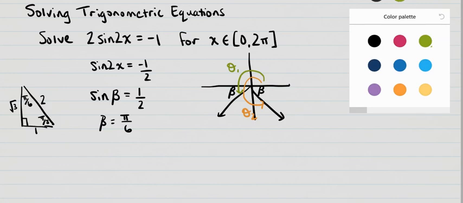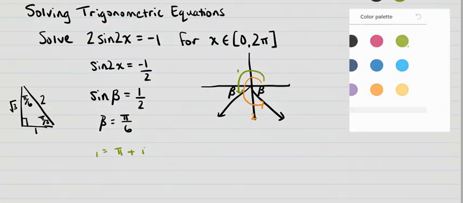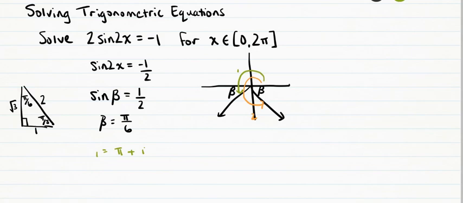Looking at our diagram, that would give us that theta 1 is equal to pi plus pi over 6. Actually, hold on. I'm going to go back for a moment because we don't actually have thetas here. We have x's. So let's change these to x1 and x2. You want to make sure that you're keeping your variable consistent with what was given in the question.